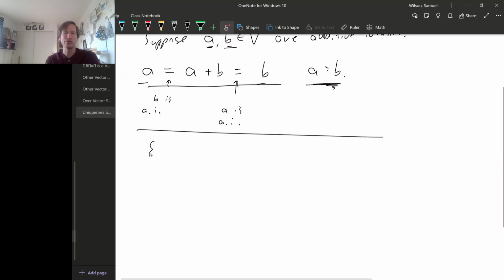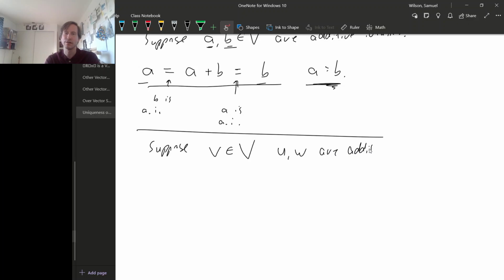Well, let's suppose that again we take a vector in our vector space. Suppose that for some vector V in our vector space, we have two additive inverses. So U and W are additive inverses.